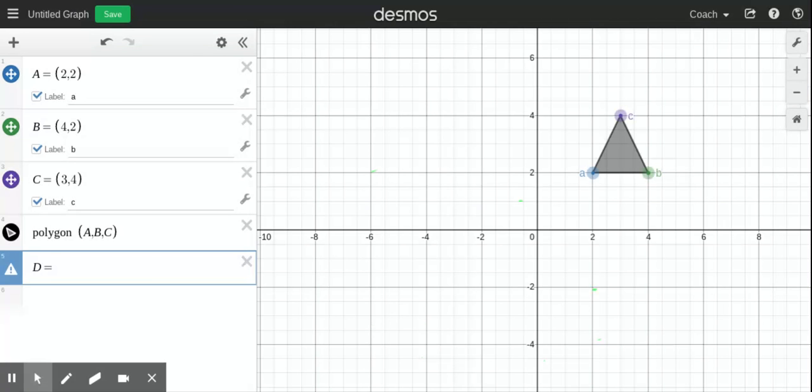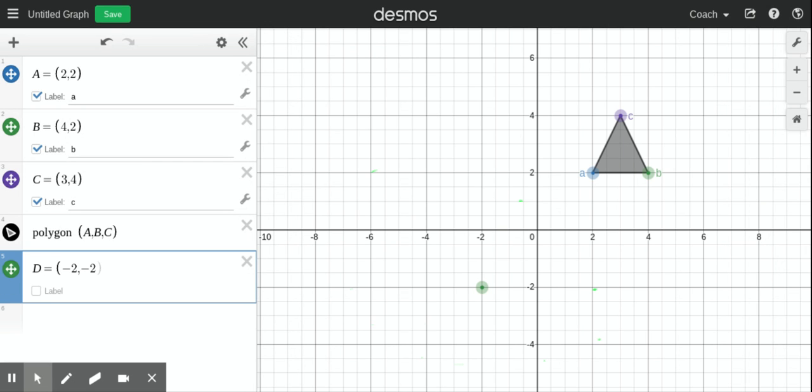If we're going to rotate this 180 degrees, that's kind of the easiest one to do first. We are going to change the signs of everything. So now it's going to be (-2, -2). And there is the new A.